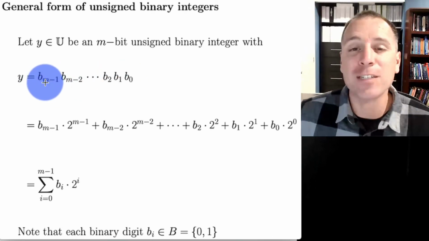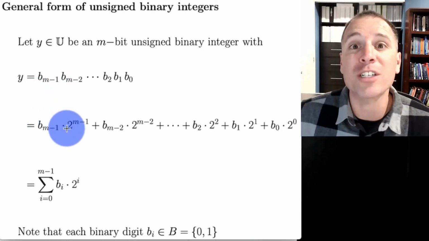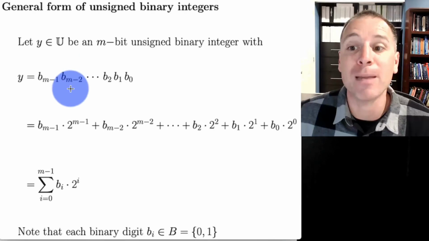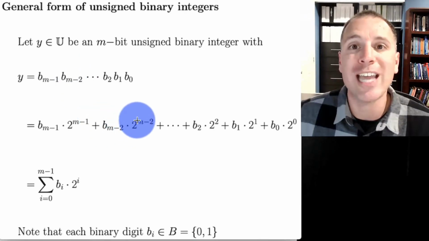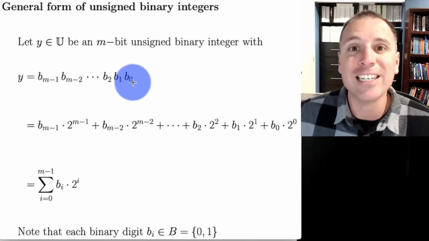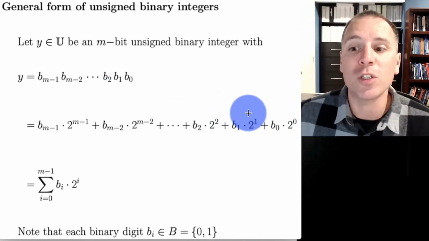Remember, the index value, or the subscript, matches identically the power on base 2 that coefficient is matched with in our summation representation. We move down to the second most significant bit, b sub m minus 2, which gets matched to 2 to the m minus 2. We continue all the way down to the least significant bit, b0. That bit gets matched with 2 to the 0.